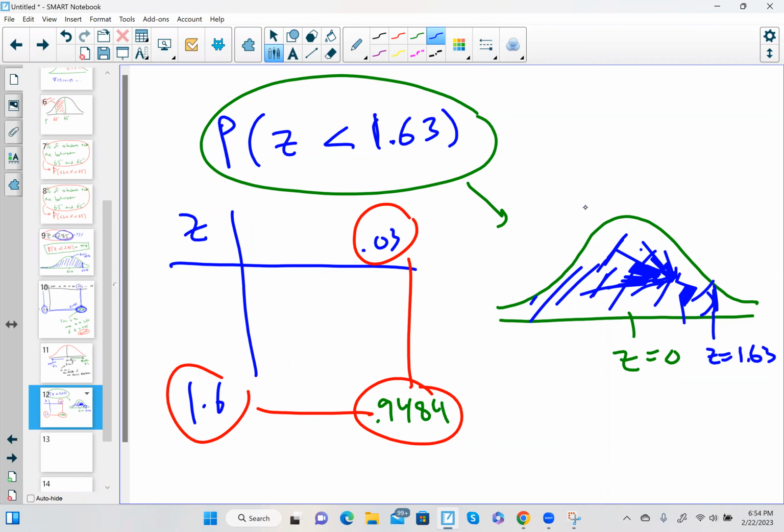And that area is 0.9484. So that's what we just figured out. Okay. Any questions or comments?